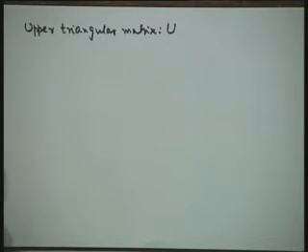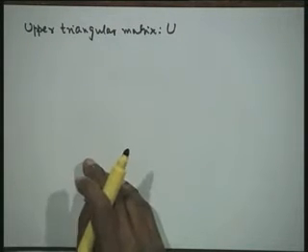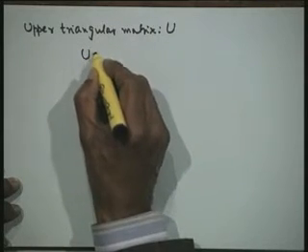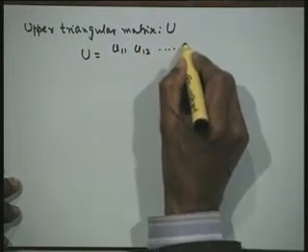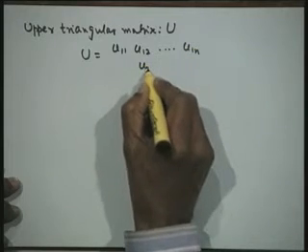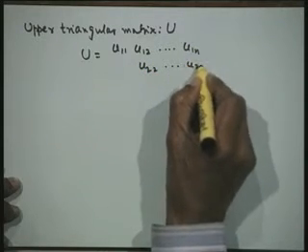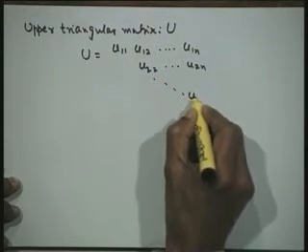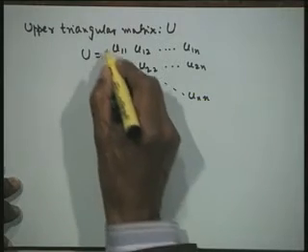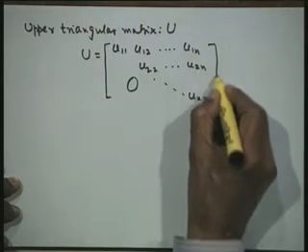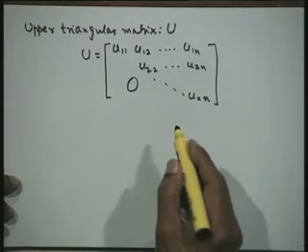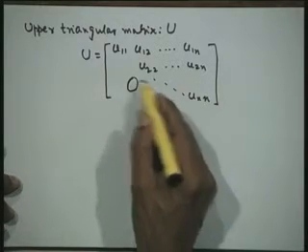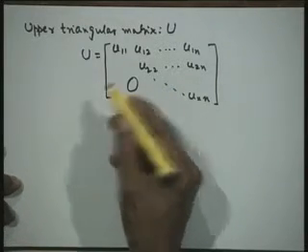All the elements on or above the diagonal are non-zero and all the elements below the diagonal are 0.